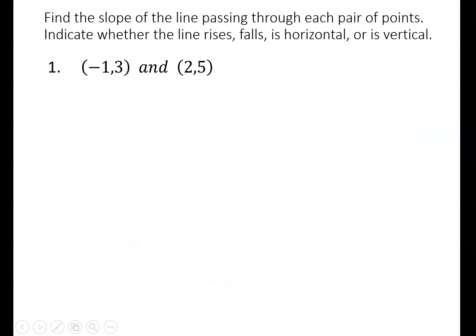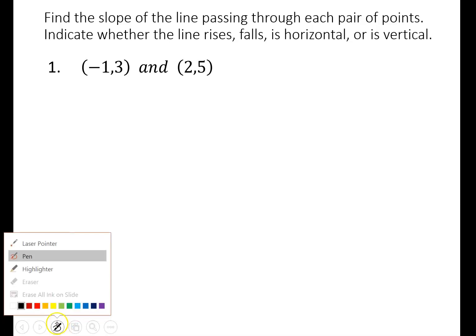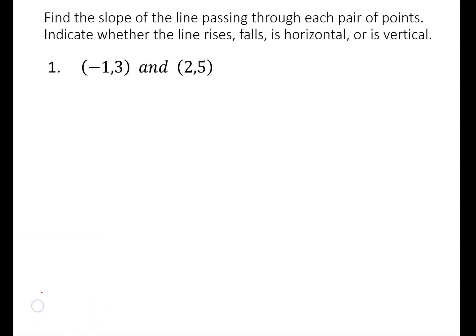Okay, so let's practice now using the formula. It says find the slope of the line passing through each pair of points. Indicate whether the line rises, falls, is horizontal, or vertical. So you have two ordered pairs. If it helps you to label them, you could do that.